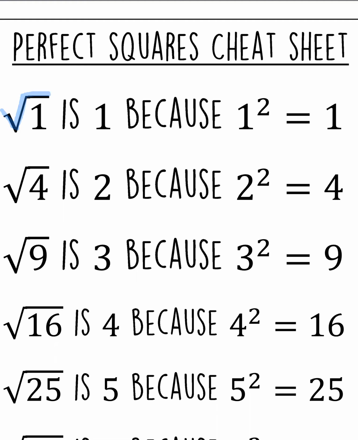You can call it a radical, you can say root, or you can call it a square root. Typically we call it a square root symbol, but it is sometimes referred to as a radical.